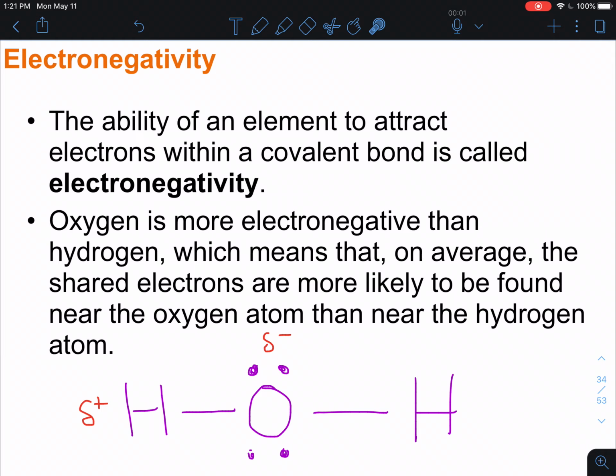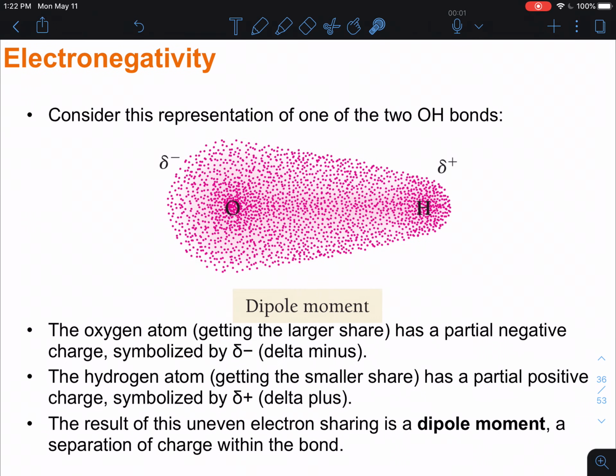The sharing isn't equal. Hydrogen is less electronegative, so it can't fight oxygen in this matter, and it just allows oxygen to hoard all the electron density closer towards it. This is a dot representation of electron density towards that bond between oxygen and hydrogen.